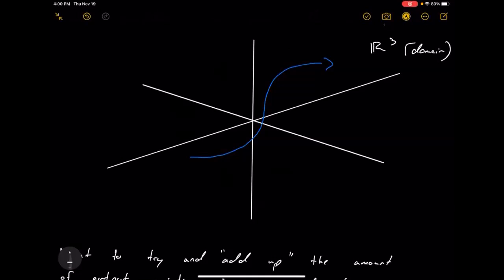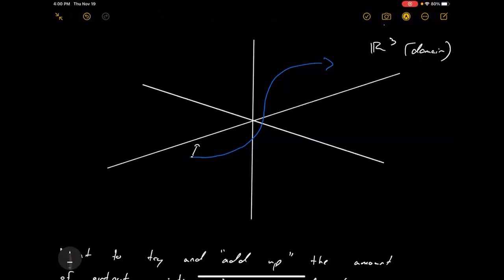What if I wanted to take all the points along my curve? Let's say I consider all the outputs along my curve. Maybe the output for this vector is pointing in this direction, but I could decompose it into pieces.